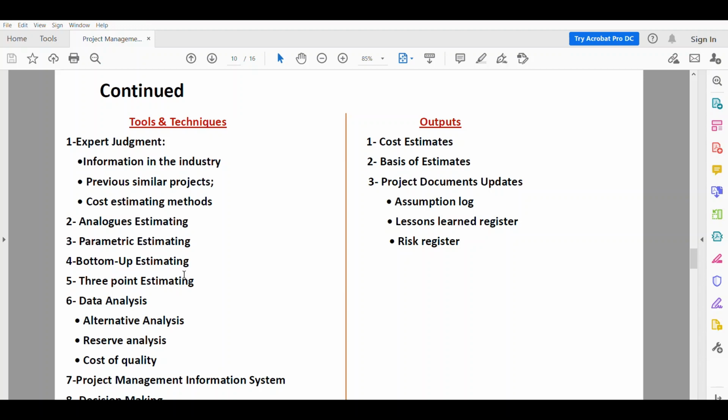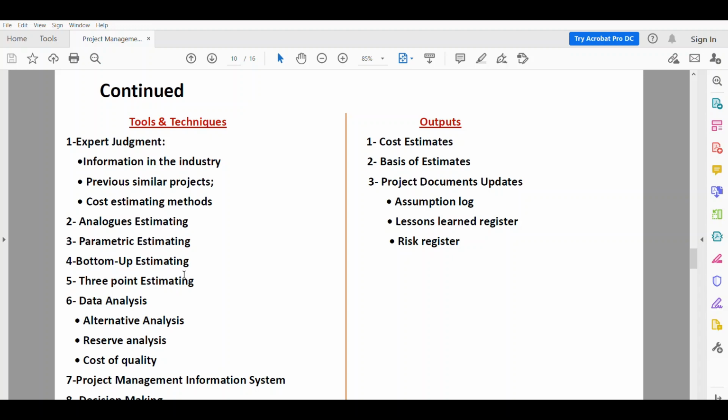I don't think I have time to talk about these types of estimating techniques, but we can have another presentation, a full presentation on types of estimating techniques.